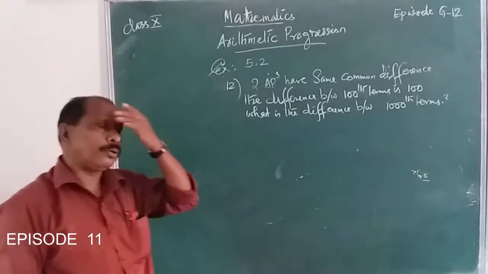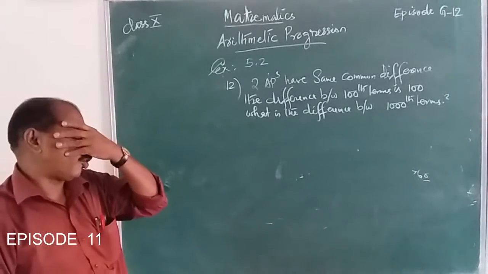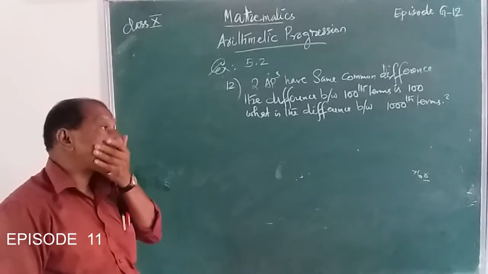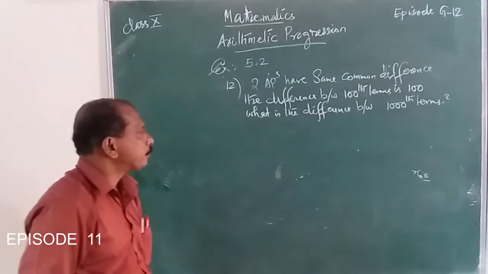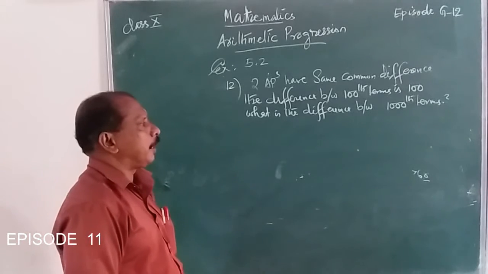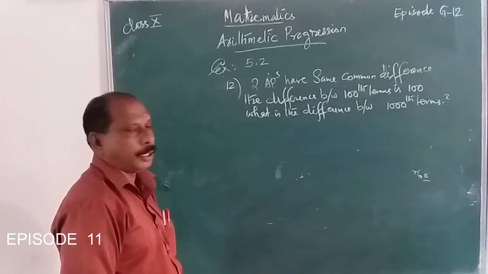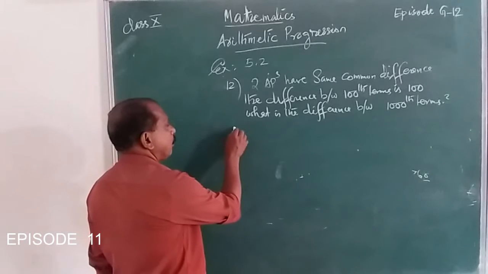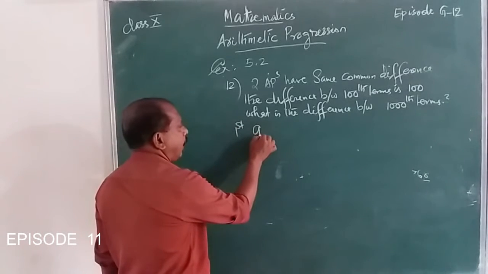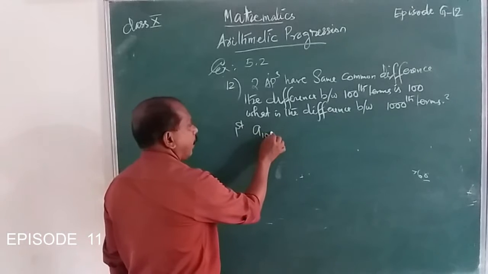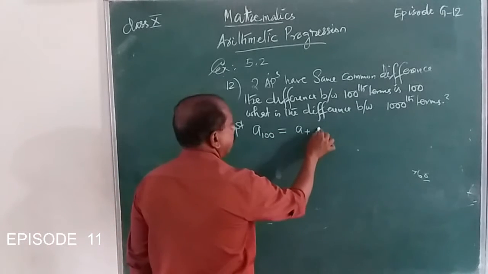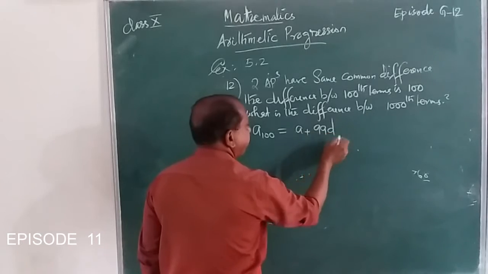That means there are two arithmetic progressions, and the common differences of these two are equal. Then, the difference between the 100th terms. First, a100 is equal to a plus 99d.